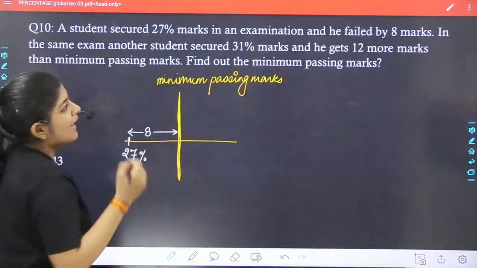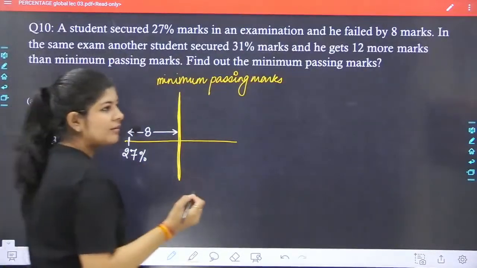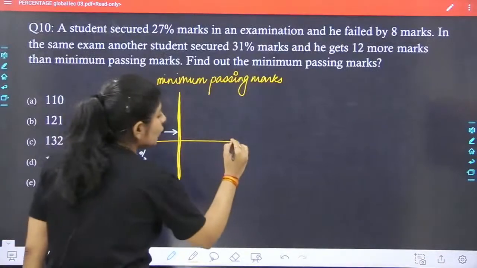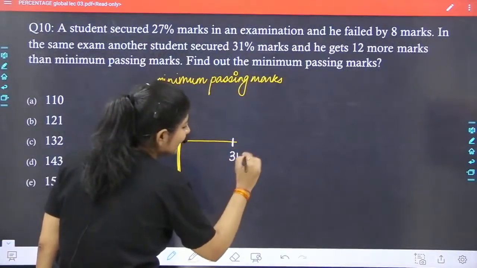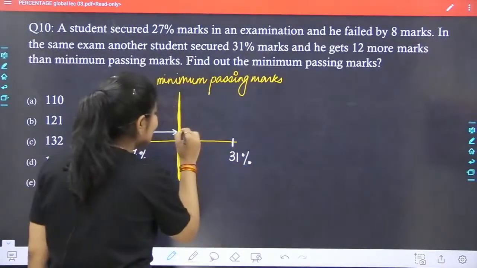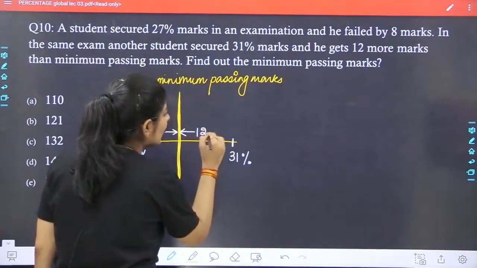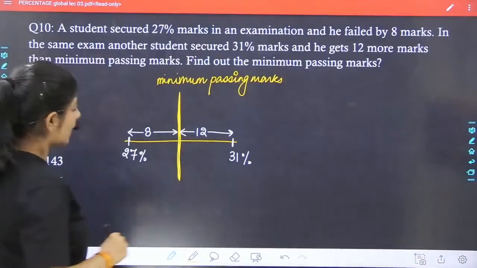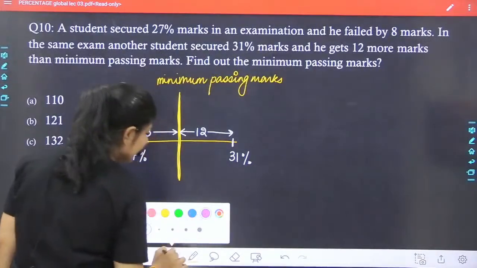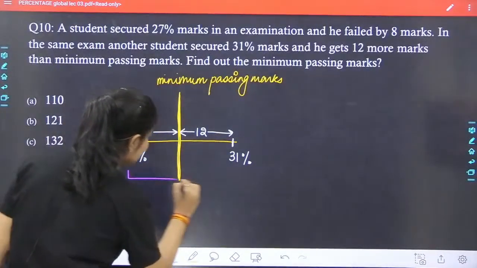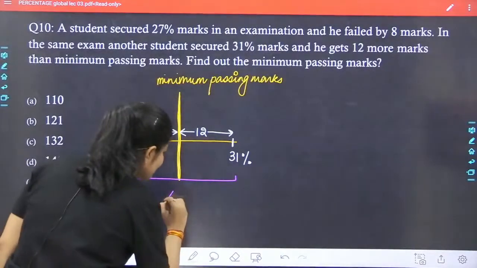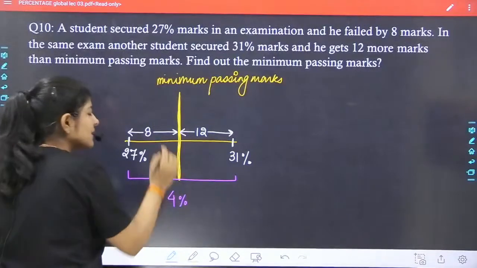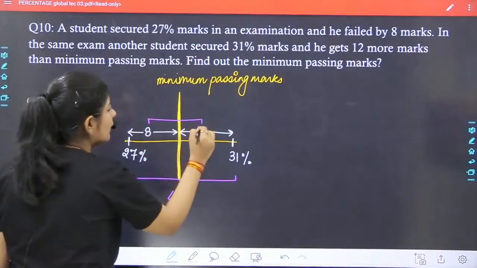And we have one more student who secured 31% marks and he passed by 12 marks, right? Okay. Now if I find the difference between the percentages, it is 4%, and this 4% will be equal to the sum of these two.